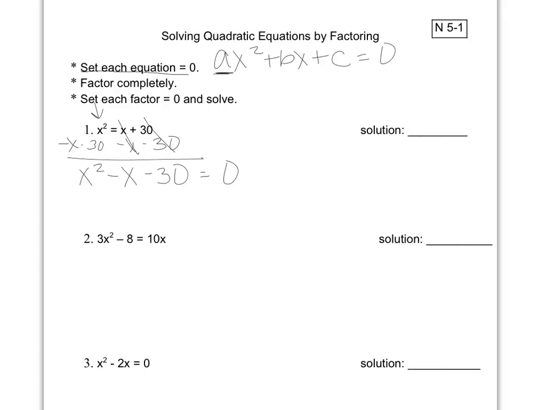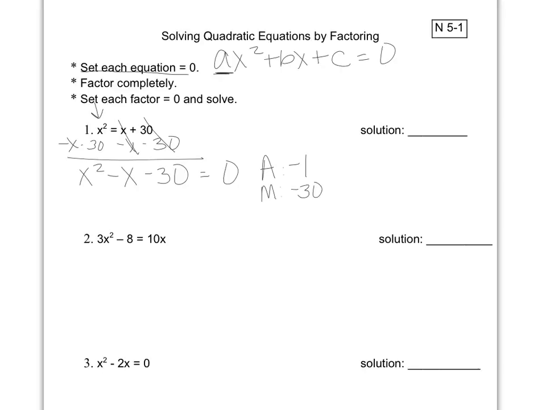Okay, so once we get the equation equal to 0, then we're going to factor completely. So remember, when we factor, the first thing that we check for is GCF. So see if they have anything in common. So notice they do not have anything in common. So then we're going to see how many terms we have. We have 3 terms. So remember, on 3 terms, you want to add to the middle number, which is -1, and multiply to your outside numbers, which would be -30.